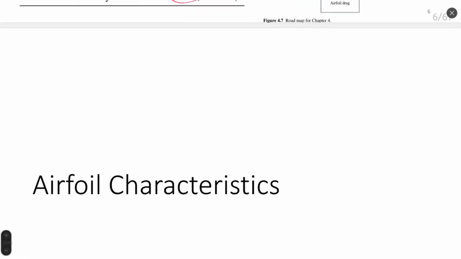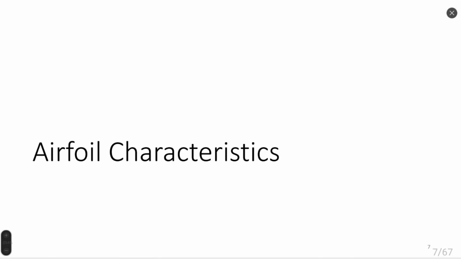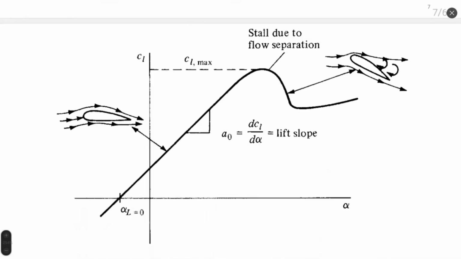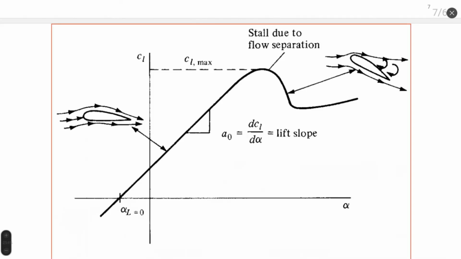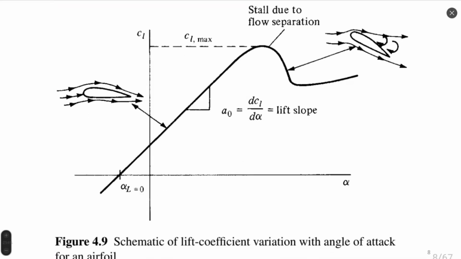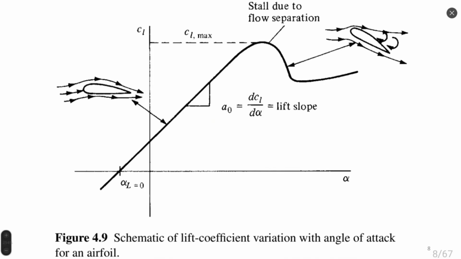Airfoil characteristics, next topic. You saw this already, we already discussed it, I'm just reminding you because we will have to deal very soon with the model. So, reminding about these characteristics presented in figure 4.9: the lift coefficient with respect to angle of attack for an airfoil, which is composed of two parts. Part one looks like a line, a linear function.